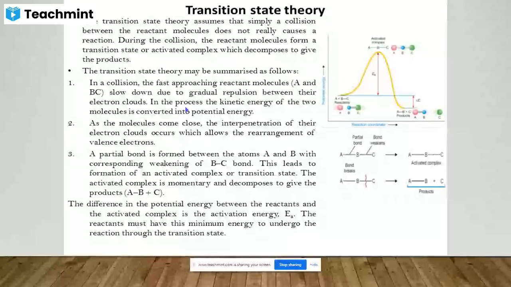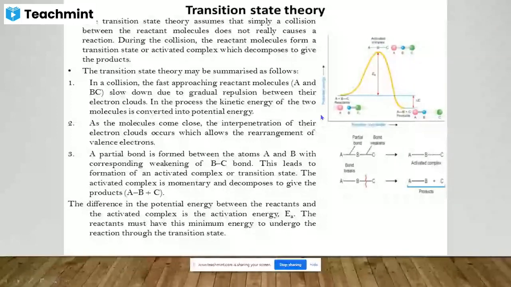So on the screen is given a graph, which indicates that the molecules A plus BC, the reacting molecules, come close to each other, and the energy of the reaction increases, meaning the potential energy increases, which is indicated at the peak of the graph, where A dot dot B dot dot C means bond formation and bond breaking, both processes, take place simultaneously.